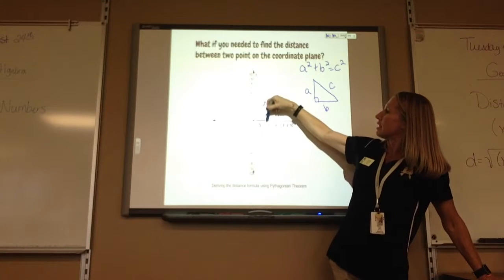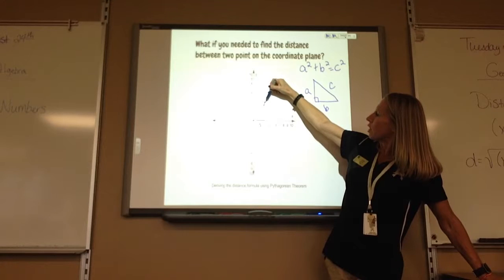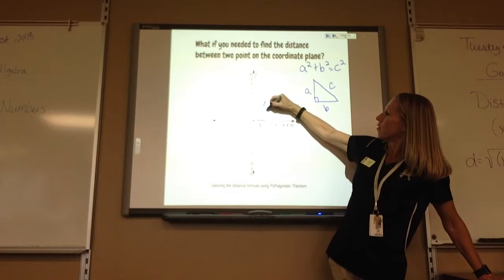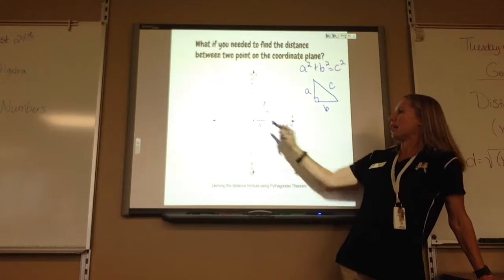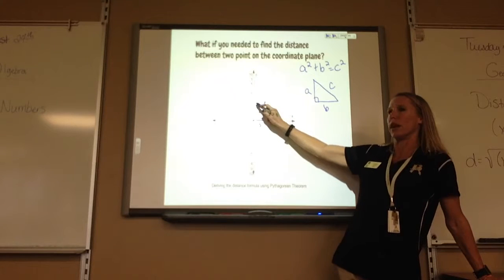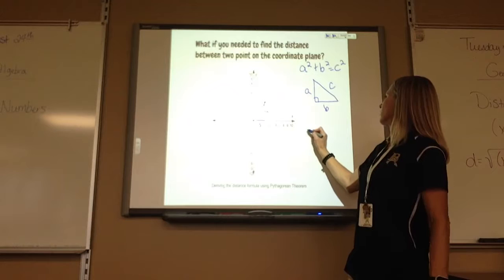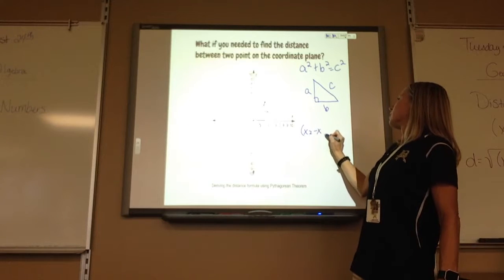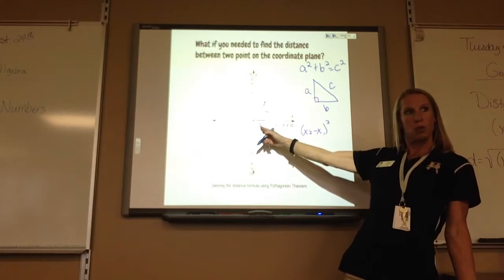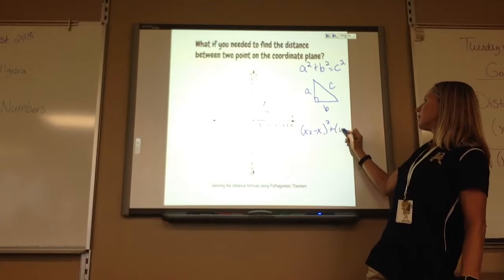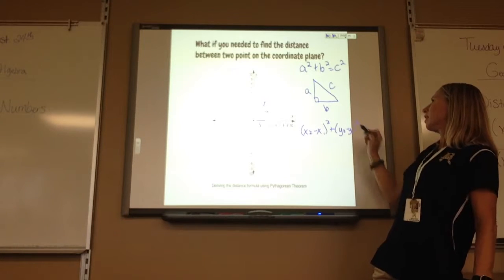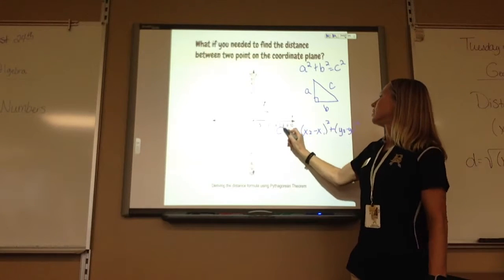If I wanted this distance, I would subtract 4 minus 0, so this length would be 4. And it's A squared plus B squared equals C squared. So all I did was subtract x2 minus x1, and then square it. A squared plus B squared, and that would equal C squared.